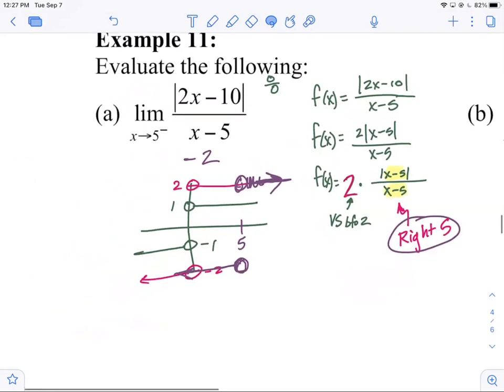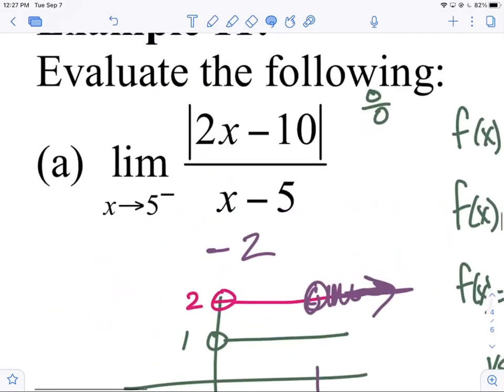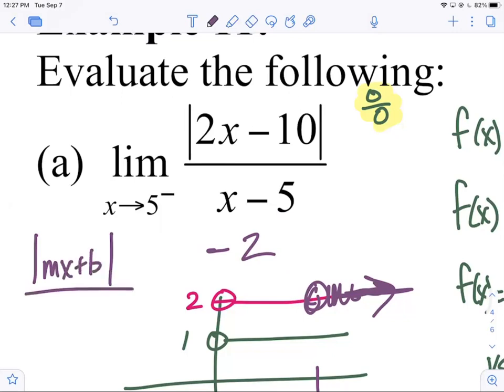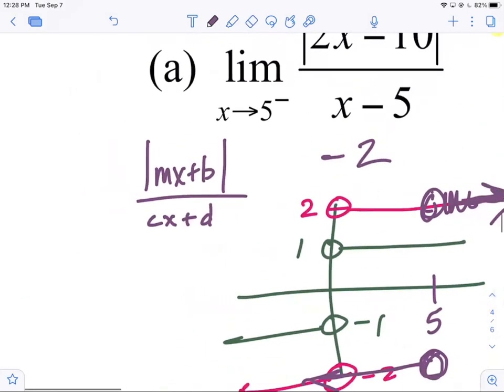So here's what we could do in the future. As long as you plug in and get 0 over 0, and you realize it's a transformation of Senor Salta, which, how would we recognize that? Well, yeah, it's got the absolute value of mx plus b all over cx plus d. That is the absolute value of linear over linear, or it could be flipped around.